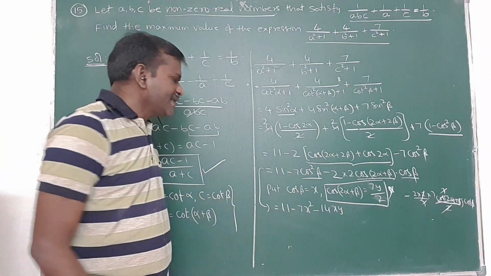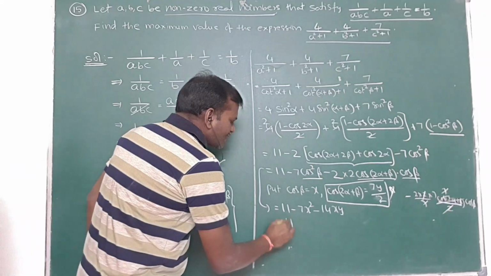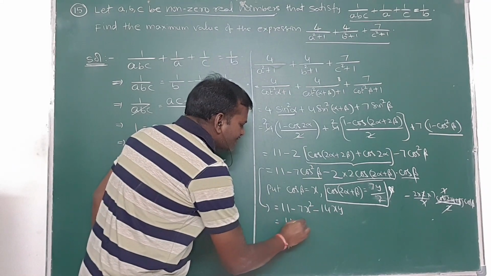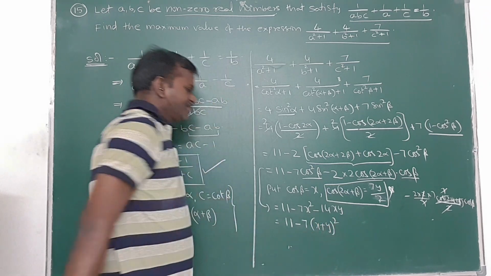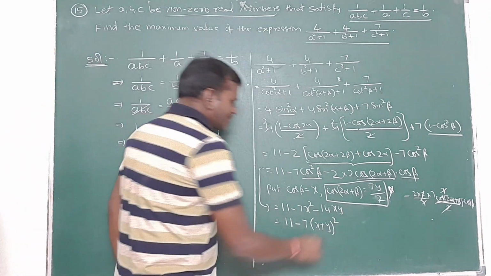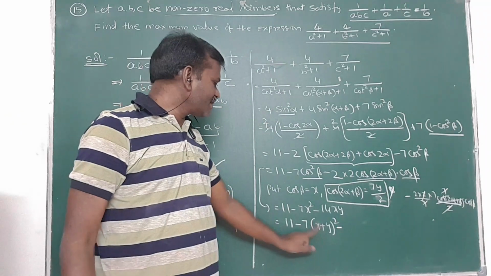Why I substituted means I can write this as 11 minus 7 into x plus y whole square, minus 7x square minus 7y square.